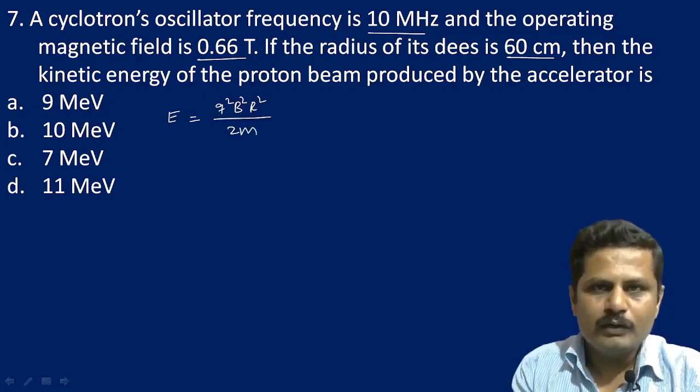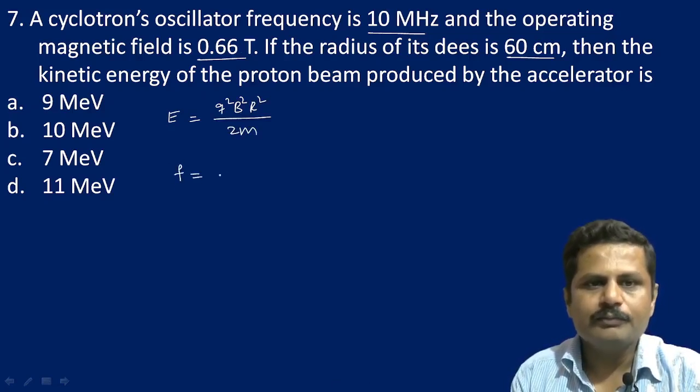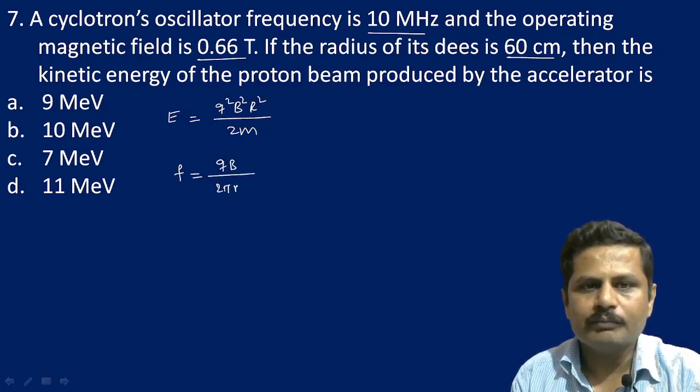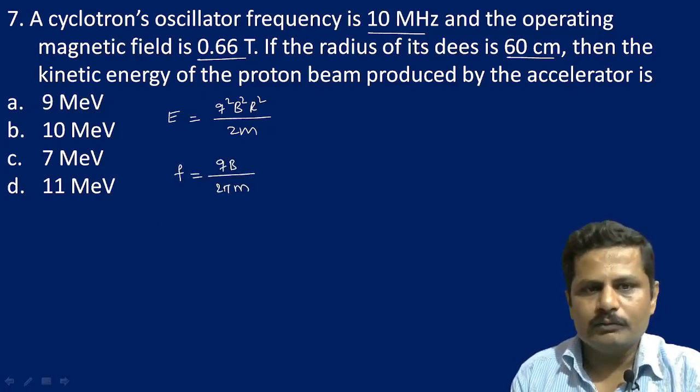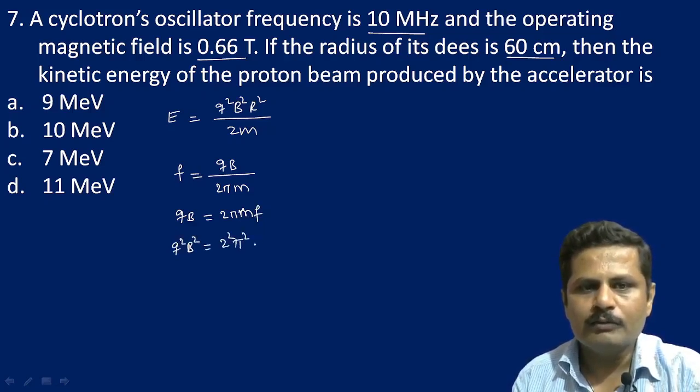And also we have an expression for the frequency of the oscillator: the frequency equals qB divided by 2 pi m. So let me write qB as the subject, qB equals 2 pi m f. Squaring on both sides gives us q squared B squared equals 4 pi squared m squared f squared.